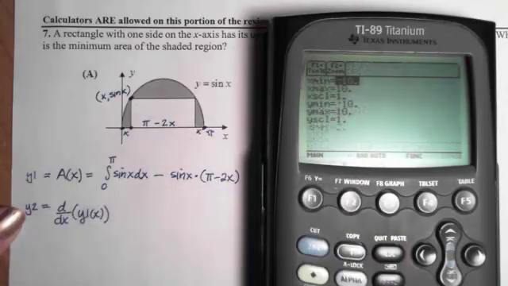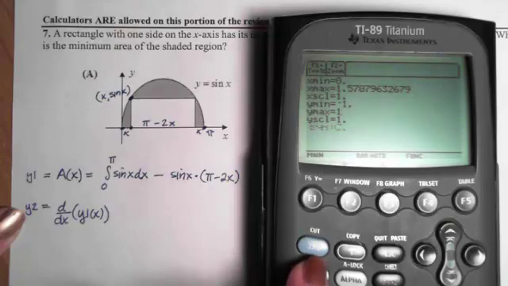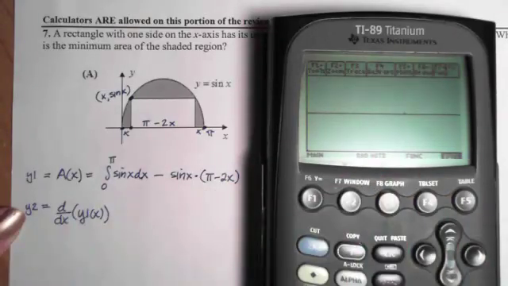So I will go to my window, and I'm going to look from 0 to pi over 2 for my x's, and then for my y's, I just need to see when I cross the x-axis. So I'm going to go from, say, -1 to 1. Once I've set my window, then I will graph by doing diamond F3, and I'm going to watch to see when that graph of the derivative crosses the x-axis.